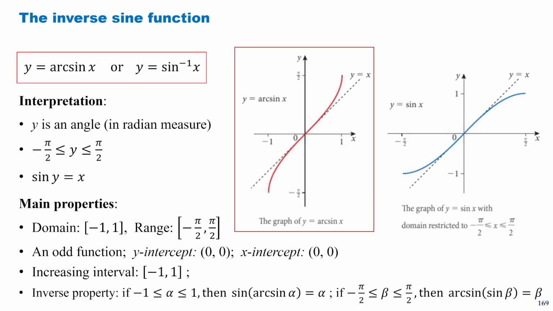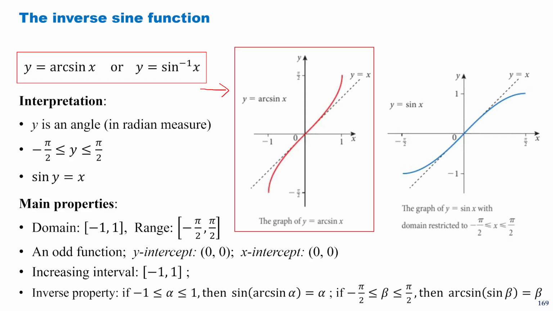And last, the sine value of y equals x. So this is the interpretation of inverse sine or arc sine. Its graph is illustrated here. Okay, try to memorize this graph because we're going to use it when we discuss the derivative of arc sine.